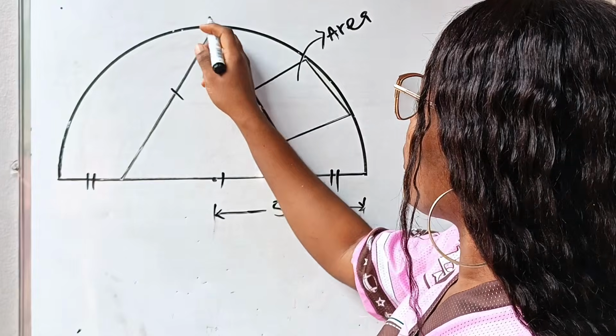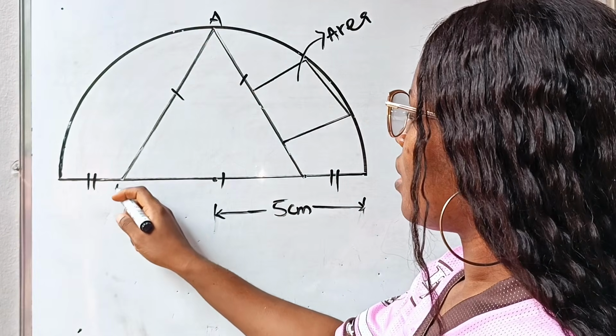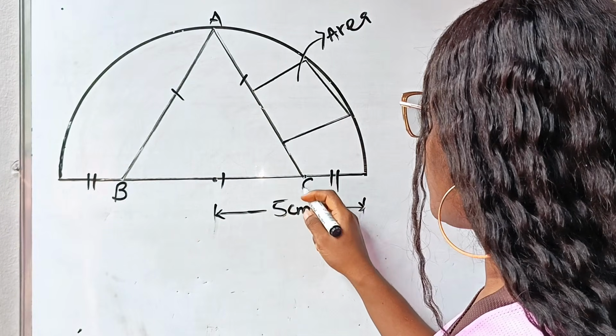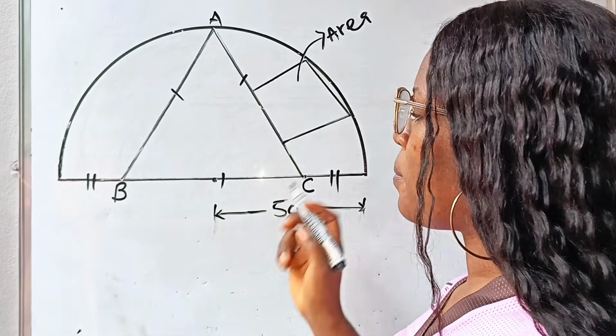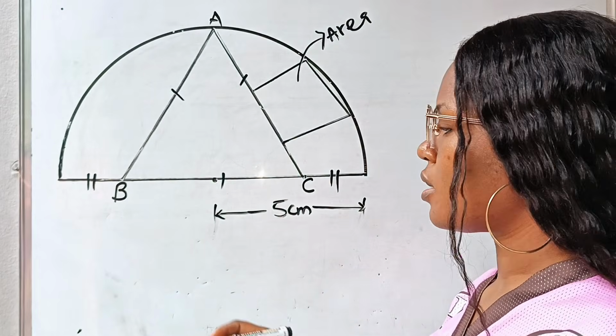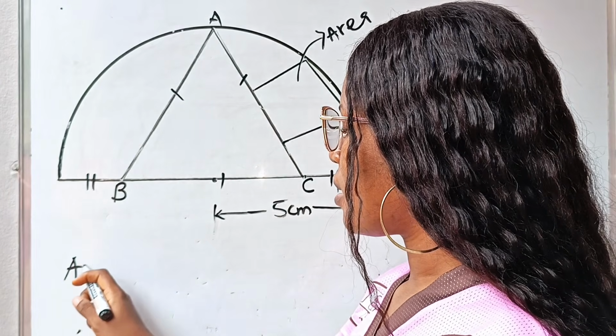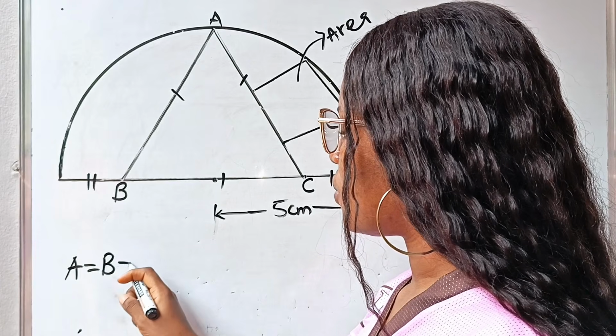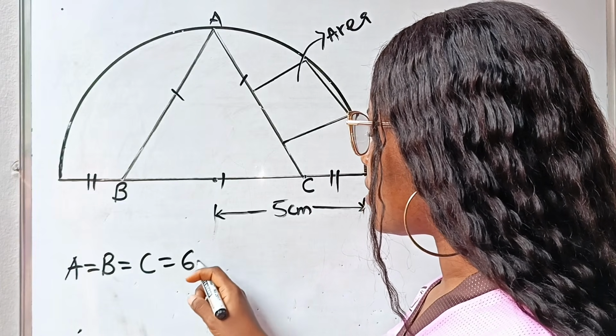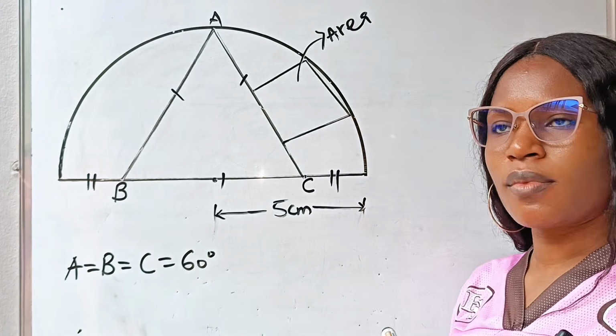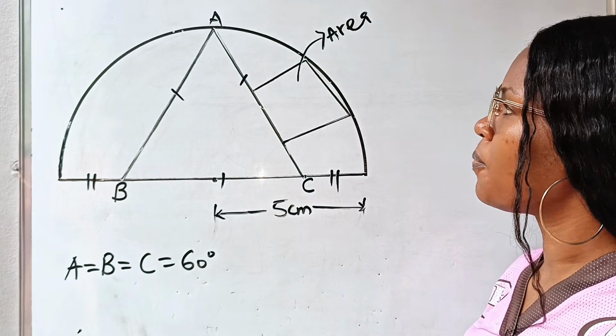So if we call this angle A, this B, and this C, since ABC is an equilateral triangle, A is equal to B, which is equal to C, which is 60 degrees. Each of them equals 60 degrees.